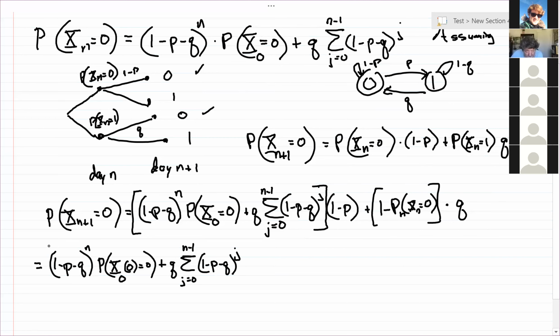All of that gets multiplied by the 1 minus P. Now we can get to this thing. This would be 1 minus the same expression here. Let me see. Oh, I see what I did before. I did it more cleverly. Okay.